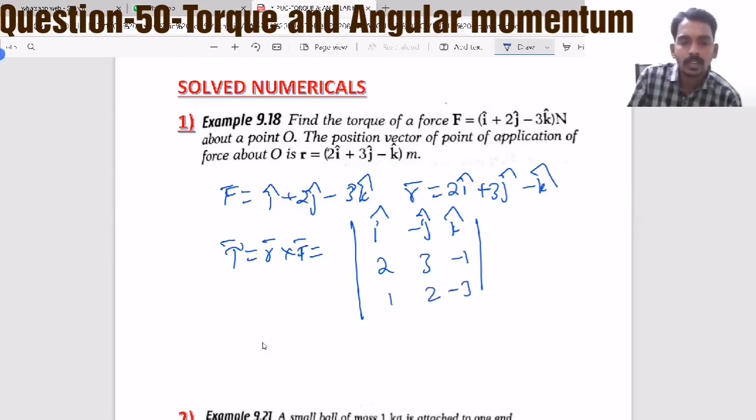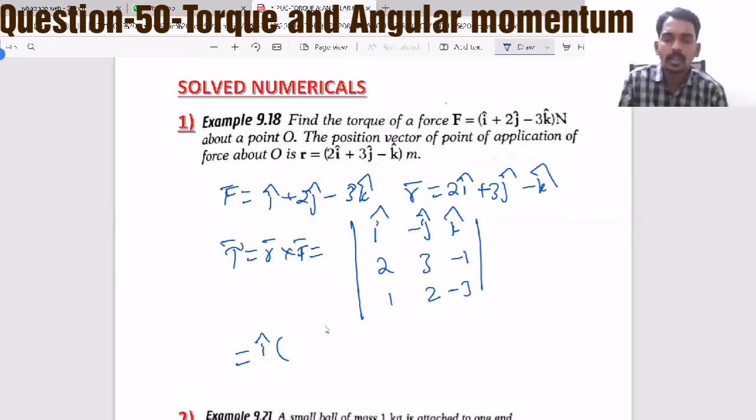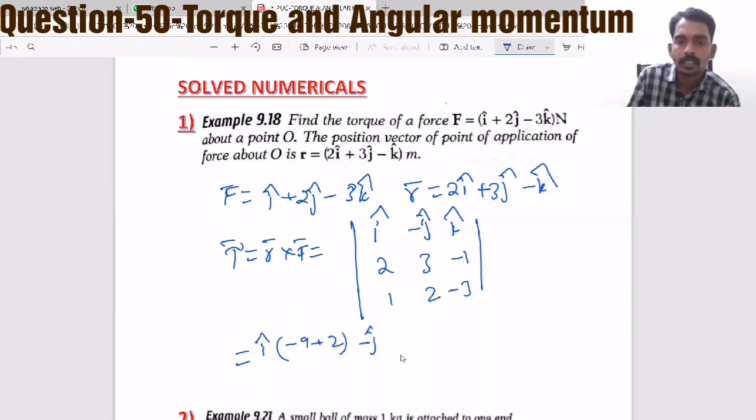Then if you expand, for the i coefficient you have to remove the row and column linked with i. So that is 3 into minus 3, minus 9, minus of minus 2, so plus 2, it will become minus 7. Then minus j, then 2 into minus 3, minus 6, plus 1, so plus 5j. Then plus k cap, 4 minus 3.